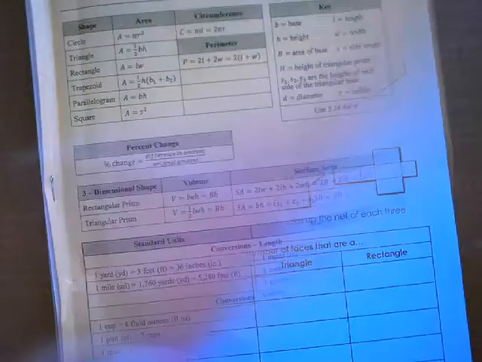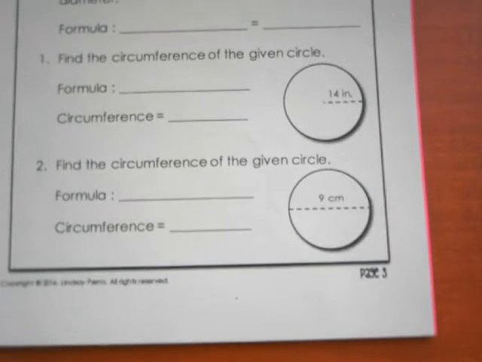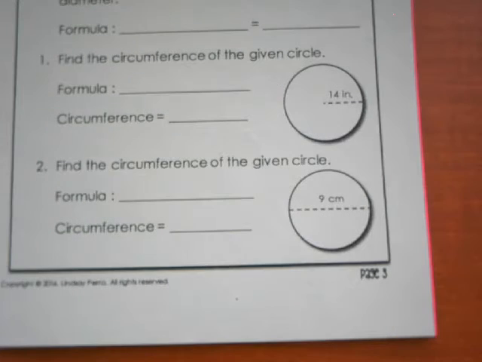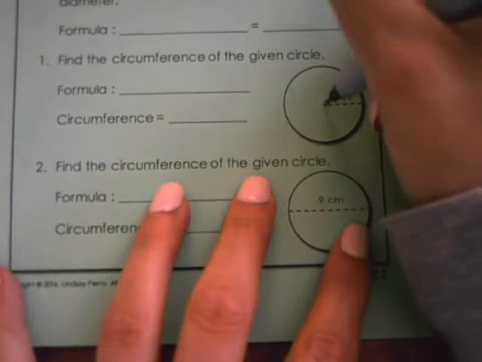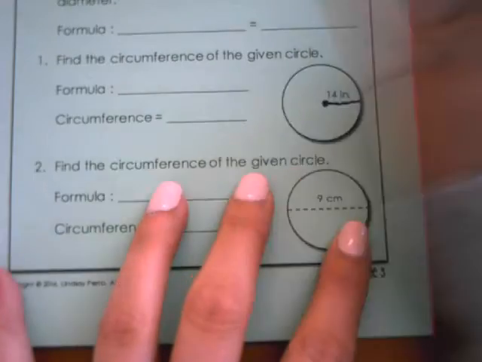Okay, so before we start solving these problems, let's go back to our page. If you look at the bottom two, we see two circles. One of them is a line that goes from the center of the circle to the outside.